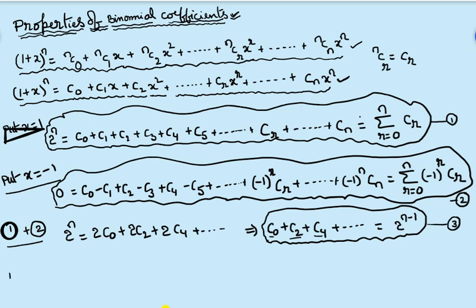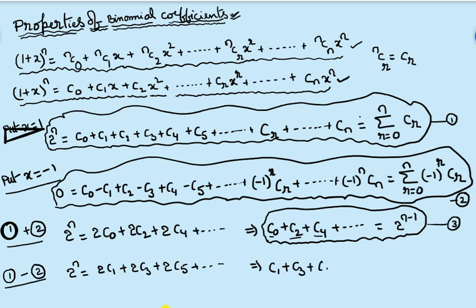At the same time, equation 1 minus equation 2, what do we get? 2^n = 2 times C1 + 2 times C3 + 2 times C5 + and so on. So this can be written as C1 + C3 + C5 + and so on, that is nothing but 2^(n-1).